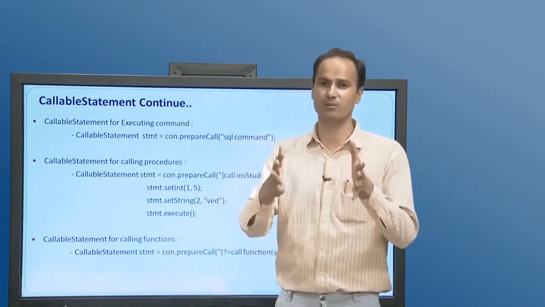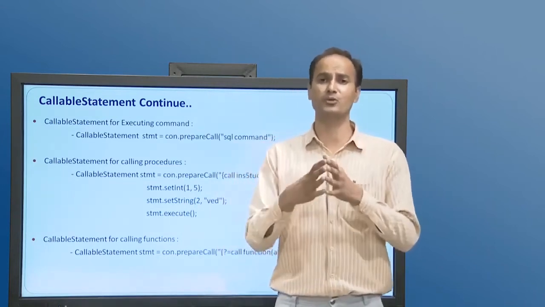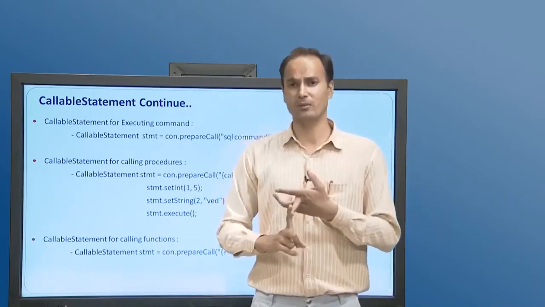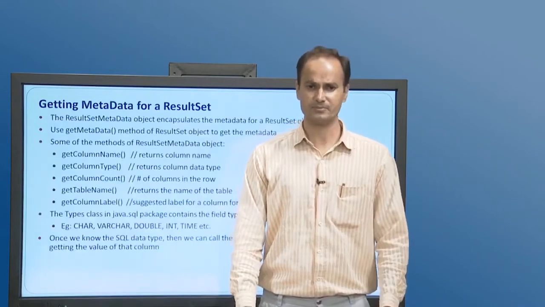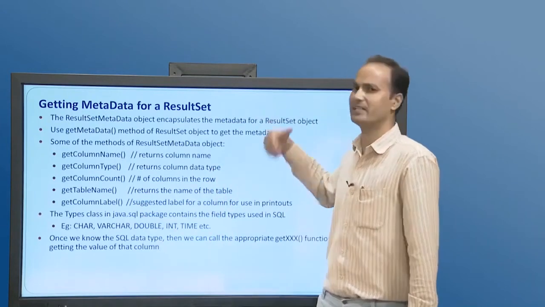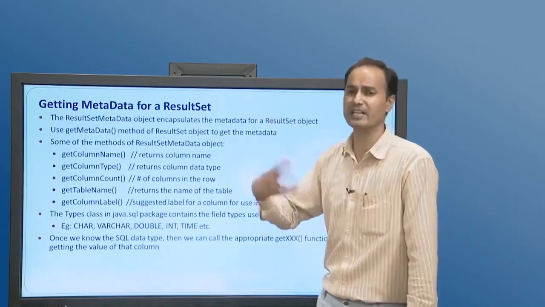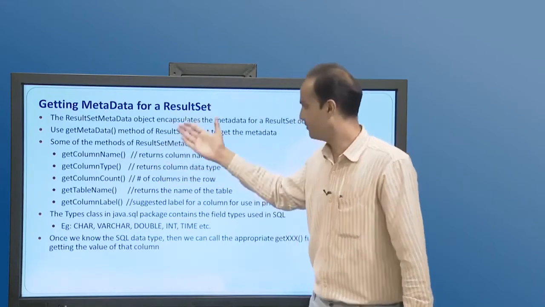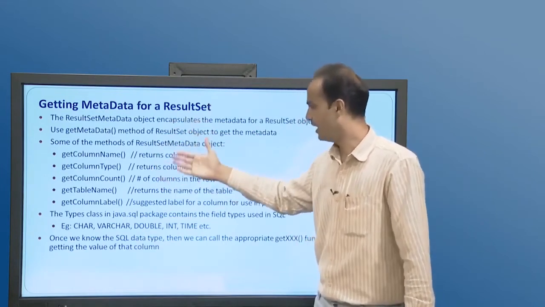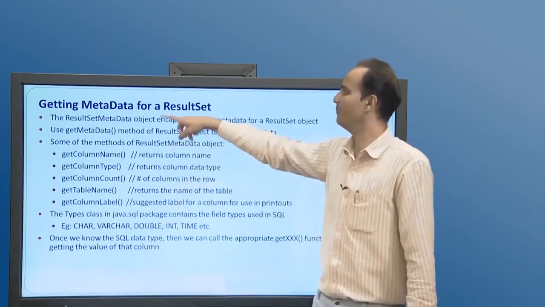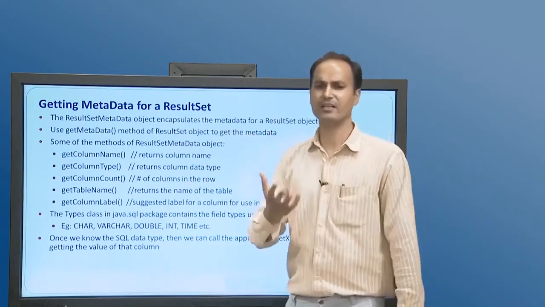So this is all about CallableStatement, which helps us to execute either a stored procedure, a function, or a SQL command from the database. Now if you want to get metadata for a result set, that means data about data, such as the column name, column type, number of columns, table name, column label, then we can use these methods of ResultSetMetaData and manipulate it.